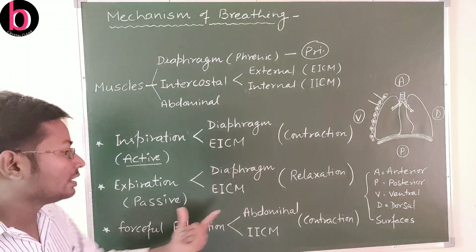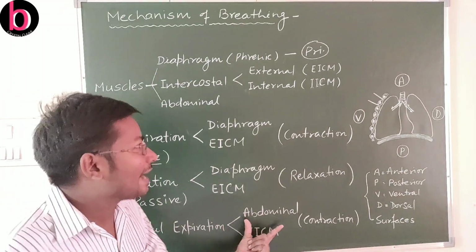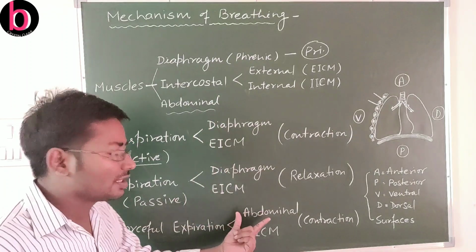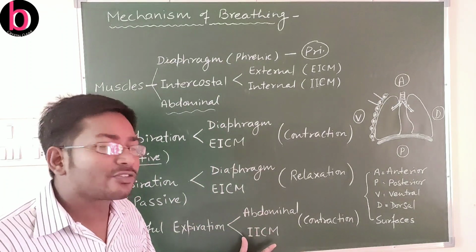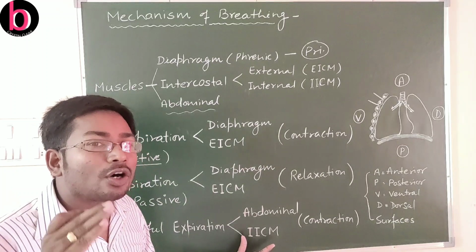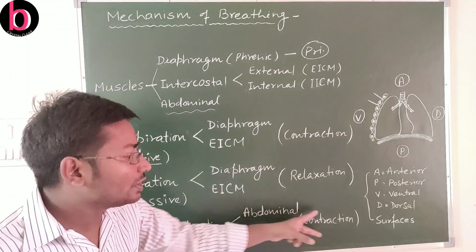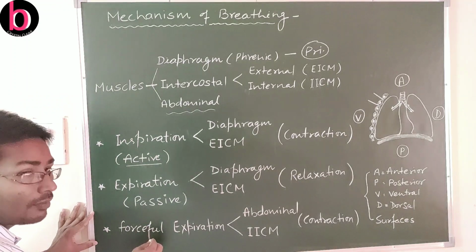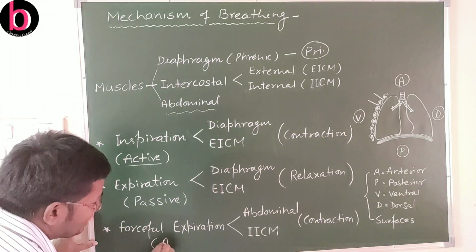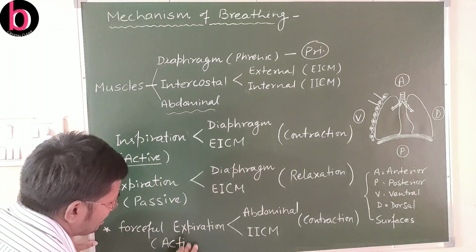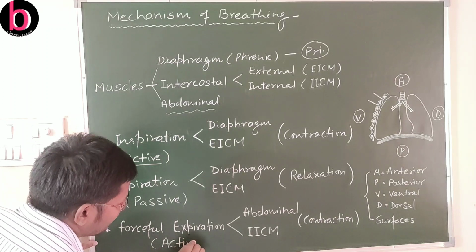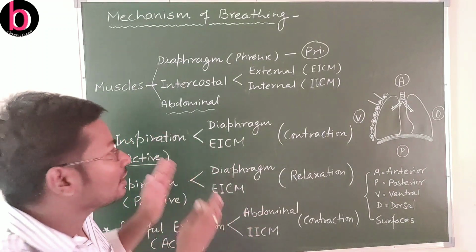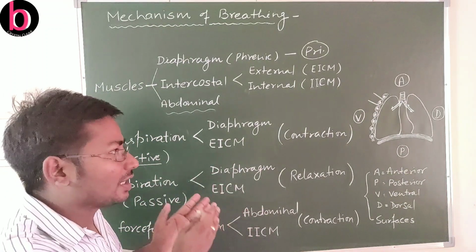At this time there is involvement of abdominal muscles, as well as internal intercostal muscles, and in both these muscles there is contraction. So forceful expiration is an active process. So these are the changes which occur.